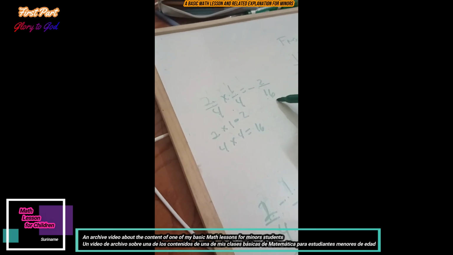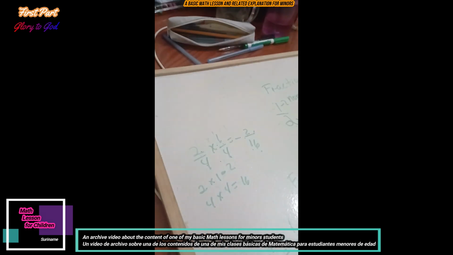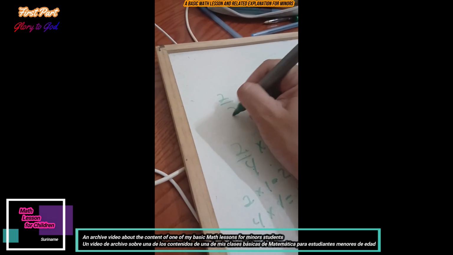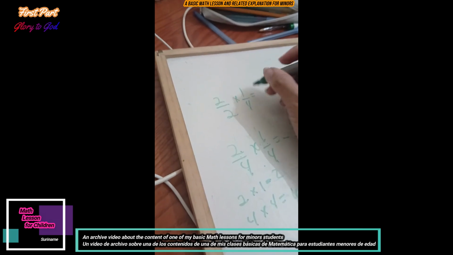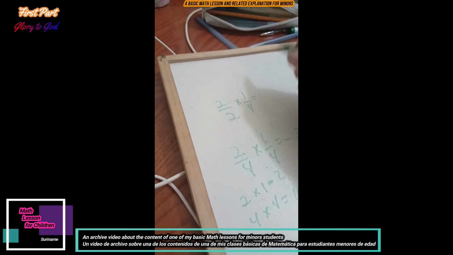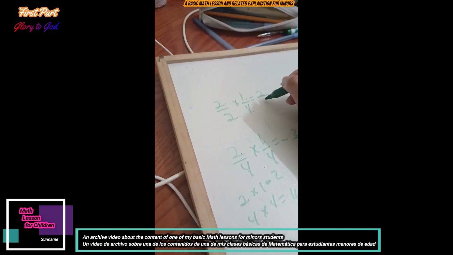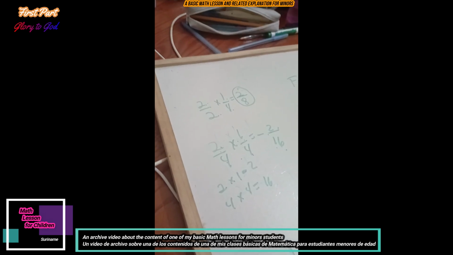The answer is 2/16. What happens if we have different numerators in multiplication of fractions? It doesn't matter, it's the same. 2 multiplied by 1 equals 2. 2 multiplied by 4 equals 8. So your answer is 2/8.